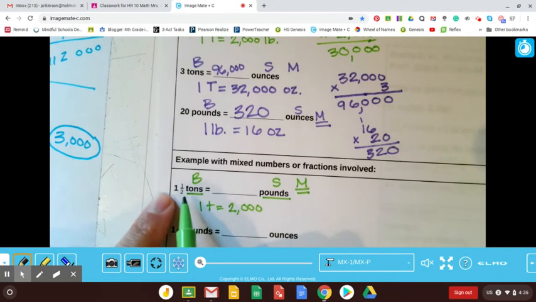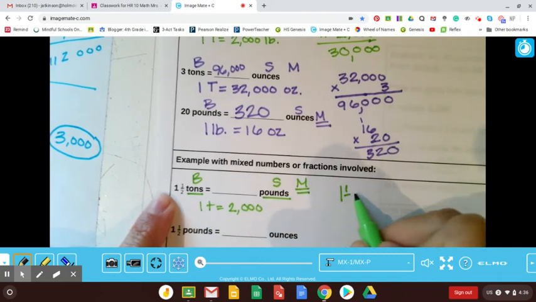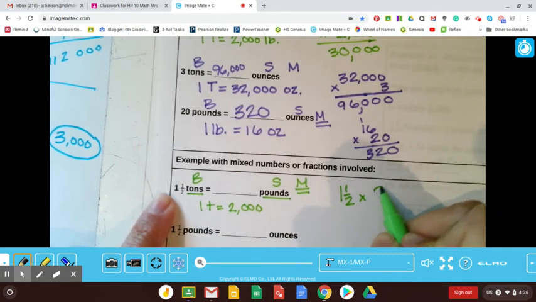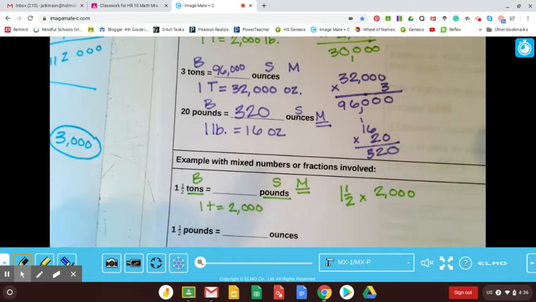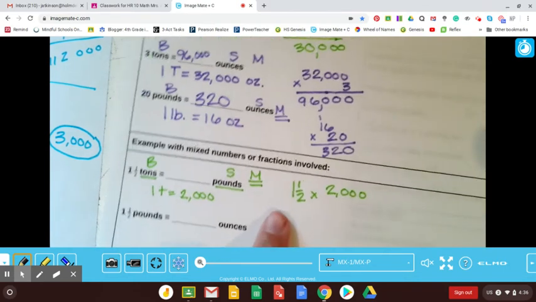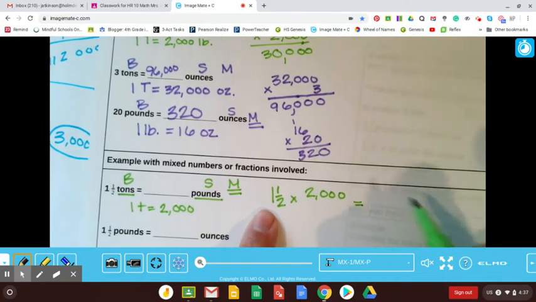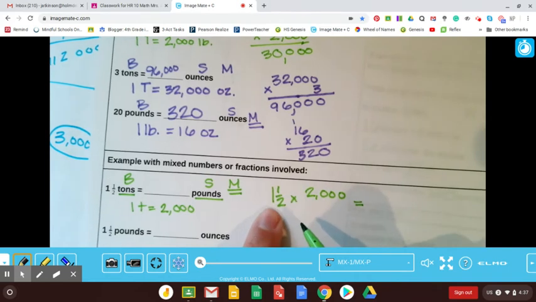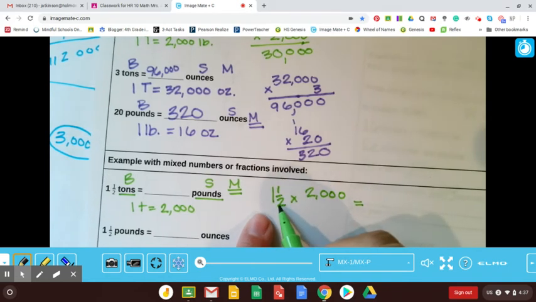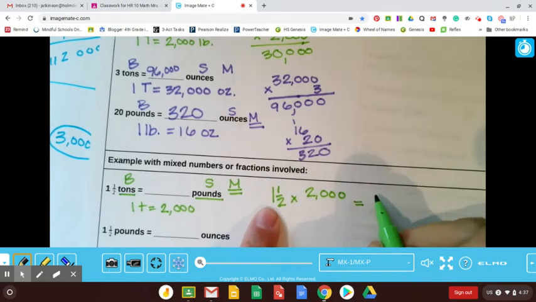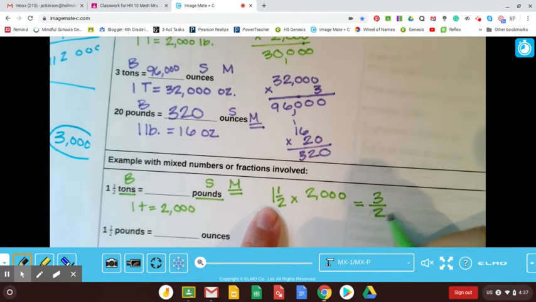So now we're going to multiply 1.5 times 2,000. And I like to change our mixed number into an improper fraction. So 2 times 1 is 2 plus 1. So that would be 3 halves times 2,000.